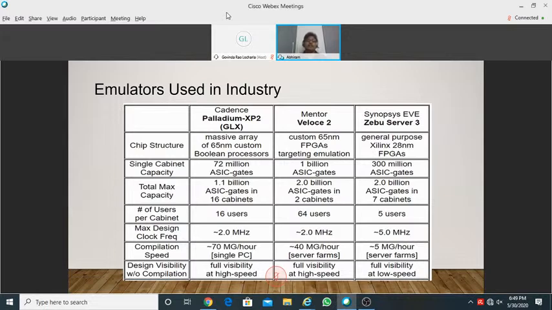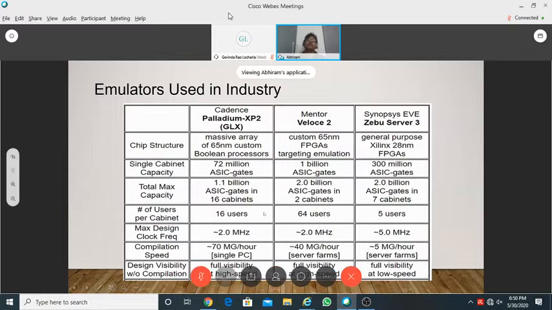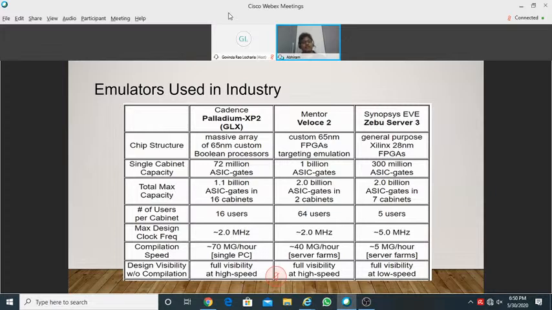The boxes are very costly, so they offer per box or time based sharing. There are many ways of using the emulator, like cloud based or time based, and depending on the design size you have to choose. All of these are driving points for how you choose.